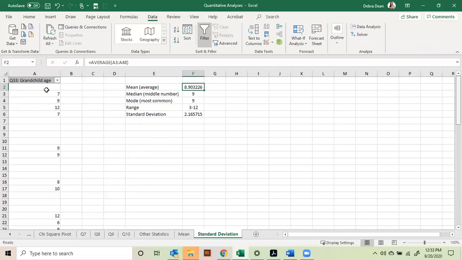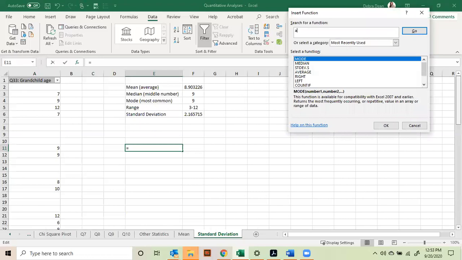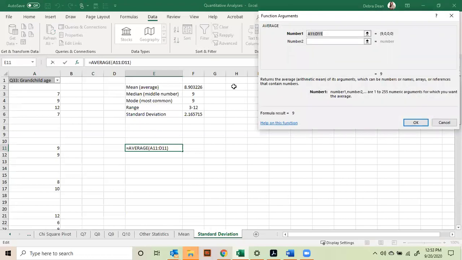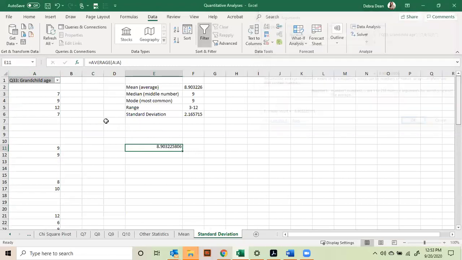So the mean in this case is the average of all of this. So if I wanted to do it down here, I would just simply use my function button, type average, and then you could just click on the whole column, and there you have the average. For the median, it's the same principle.